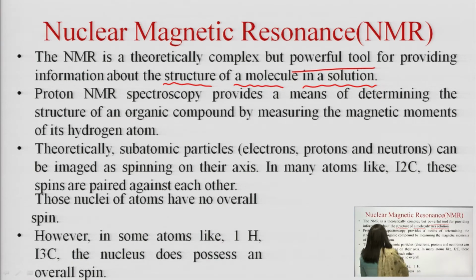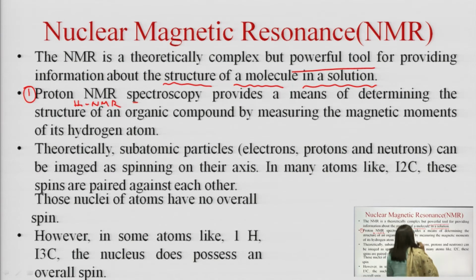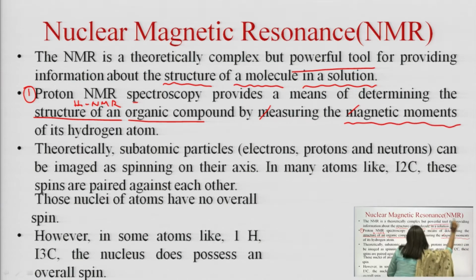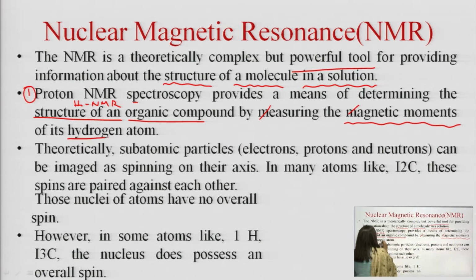Here we have two types of NMR spectroscopy. One is proton NMR and the other one is carbon NMR. The proton NMR is sometimes abbreviated as H1 NMR spectroscopy. It provides a means of determining the structure of an organic compound by measuring the magnetic moments of its hydrogen atoms.